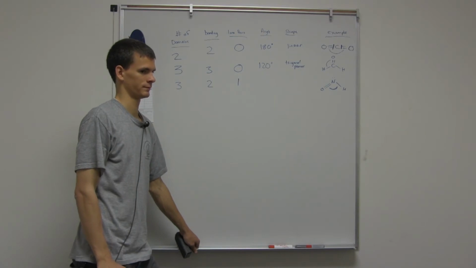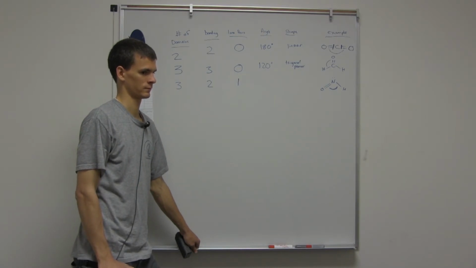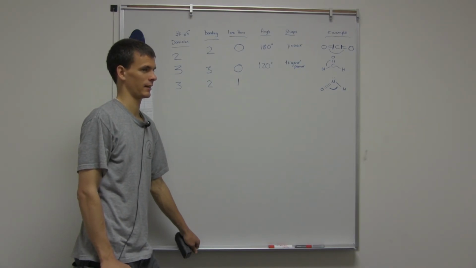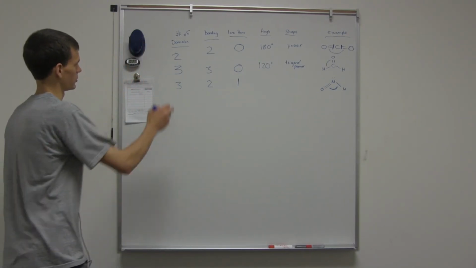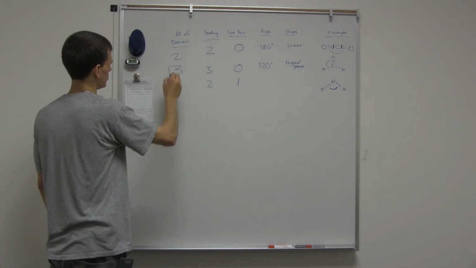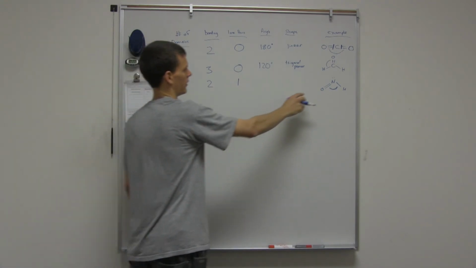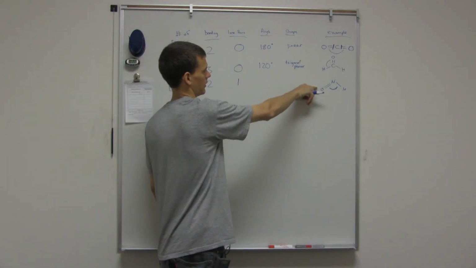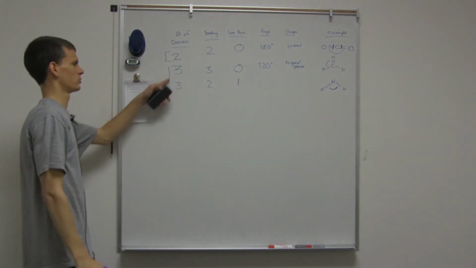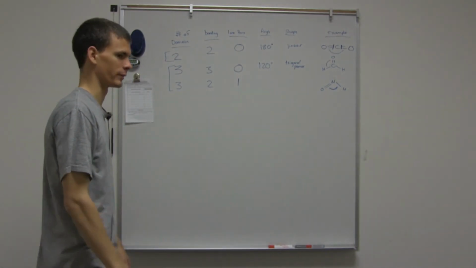Technically it's trigonal planar if we were counting the electrons, because electron domain geometry just looks at 2 versus 3 versus 4. It doesn't look at lone pair versus bonding. So both of these would be trigonal planar for electron domain geometry.